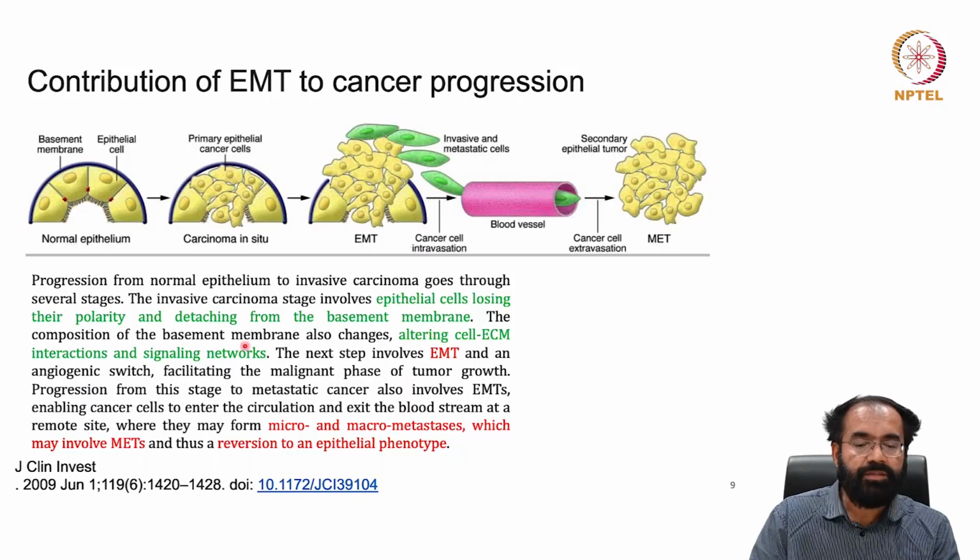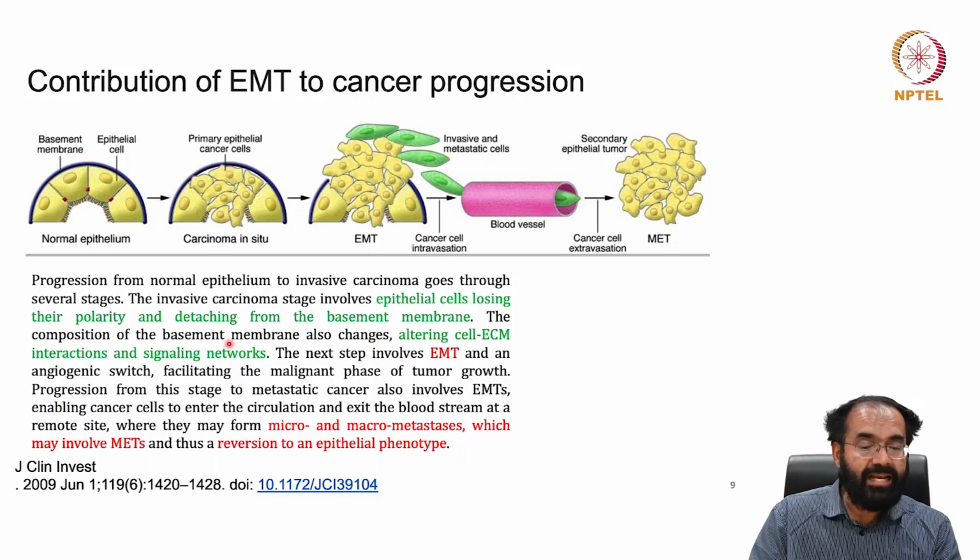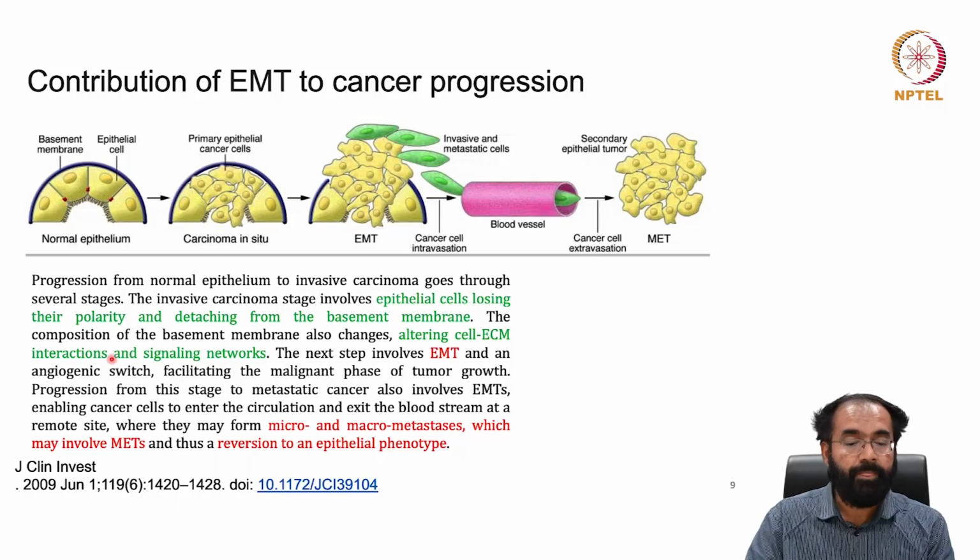The composition of the basement membrane also changes, meaning it no more retains its affinity for the epithelial cell, altering cell-ECM interaction. The ECM changed, the cell property changed, and cell-ECM interaction got affected, which in turn brings about altered signaling networks, because ECM contributes a lot to gene expression events in that cell, and ECM is also a good source of various signaling molecules. Due to the change in the property of both, the signaling networks also change.